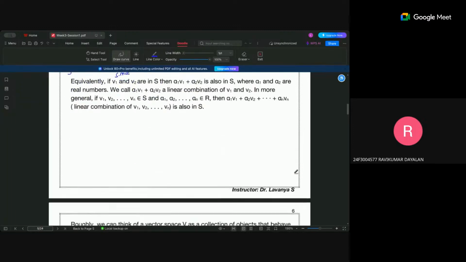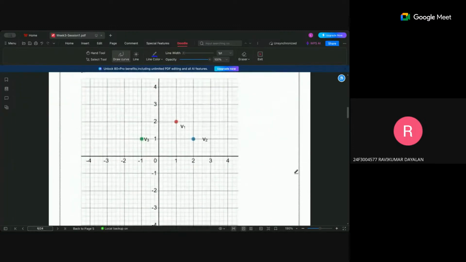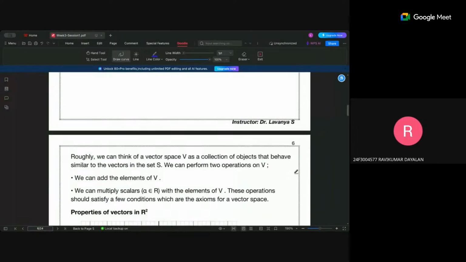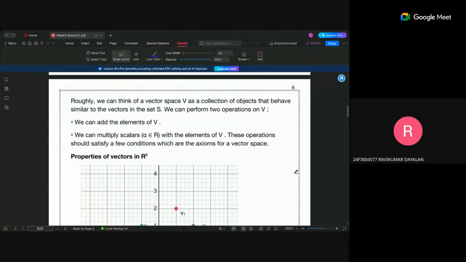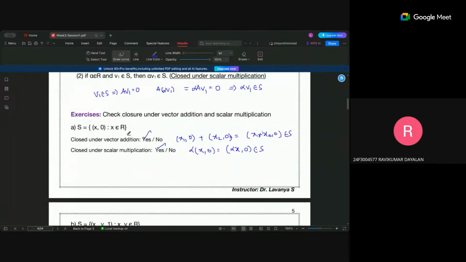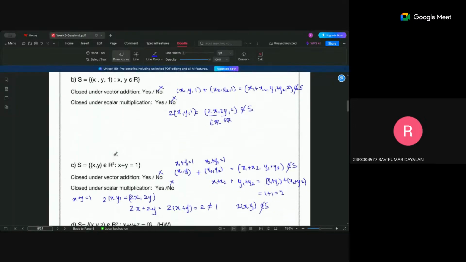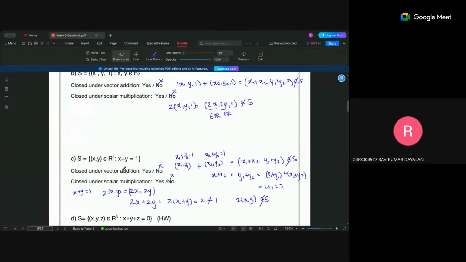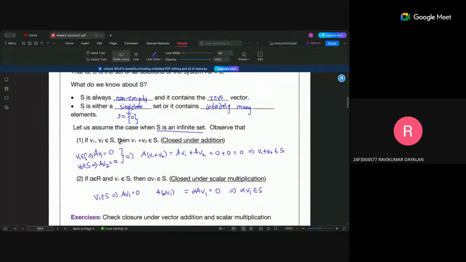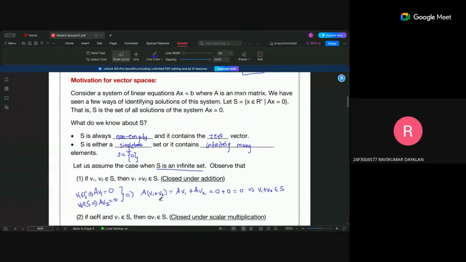Okay, what a linear combination is, I will tell you again. But before that, here are a few more things to start introducing vector spaces. Here you see that some sets are following this behavior and some sets are not. We saw this one important set here.